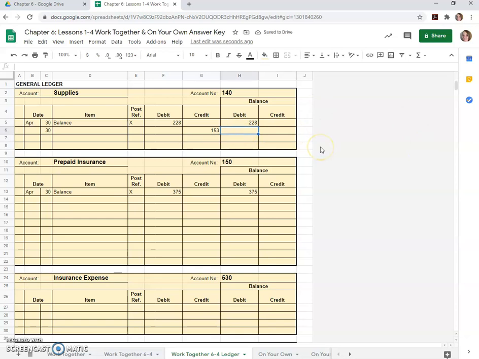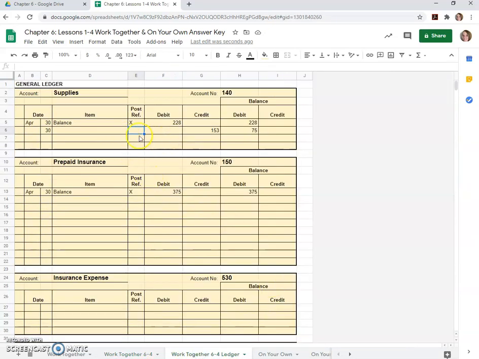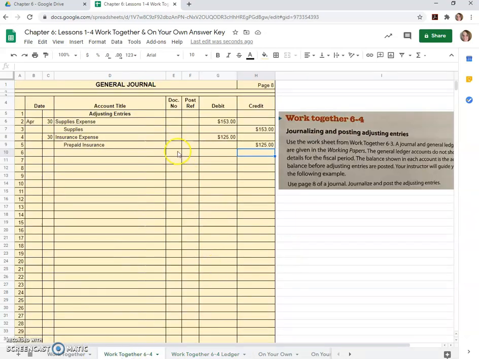So our debit balance is now the debit minus the $153 leaves us with $75 left. And this was journal, what page? Journal page 8. So right here we would write G8 for general journal page 8. And now that we have posted this amount to supplies, we put that account number 140 back here. Oh, post reference.